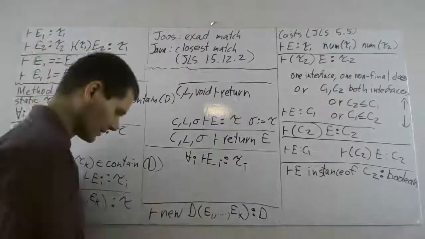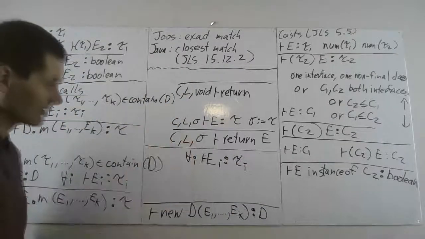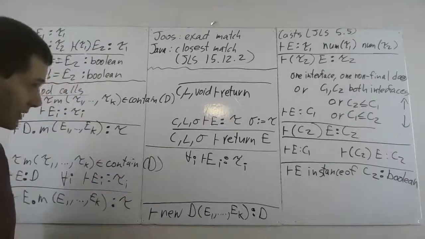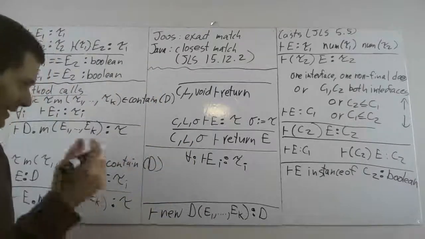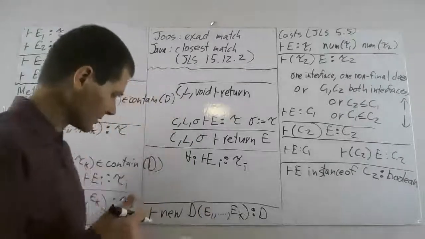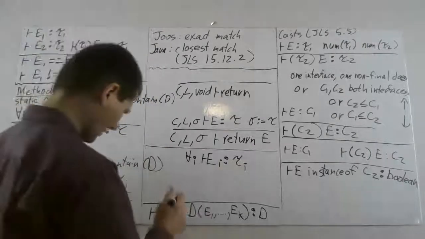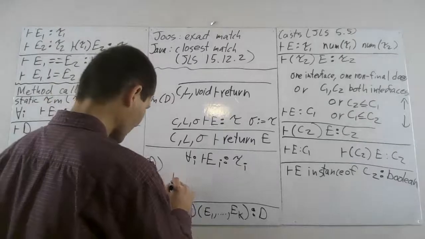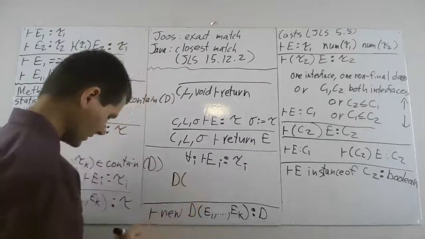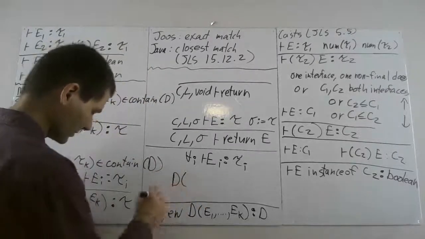Okay, so I type check the arguments, and then I'm going to look for a constructor in that class that, again, whose parameter list has the same types as these tau i's. So I'm looking for a constructor, and a constructor looks like this, right?